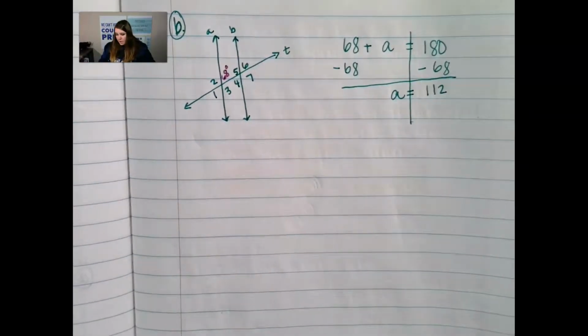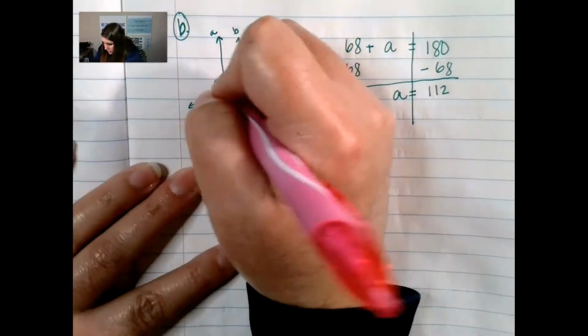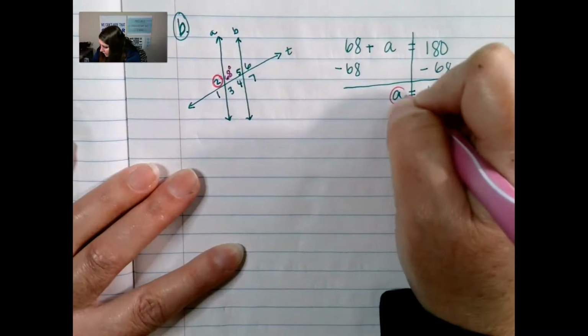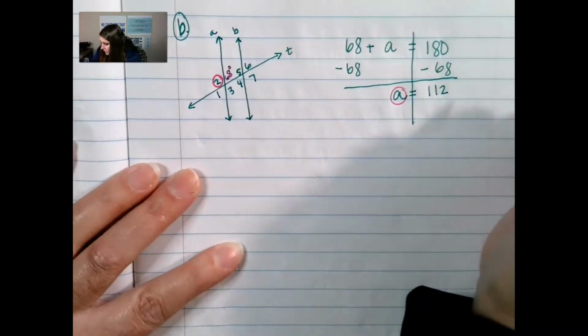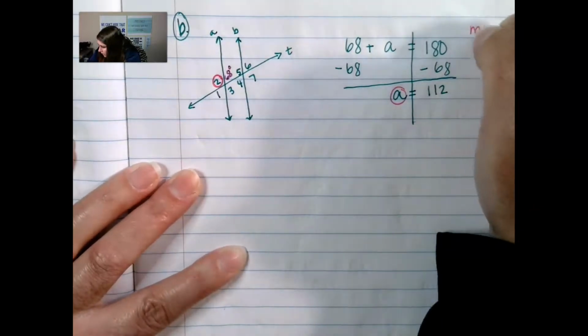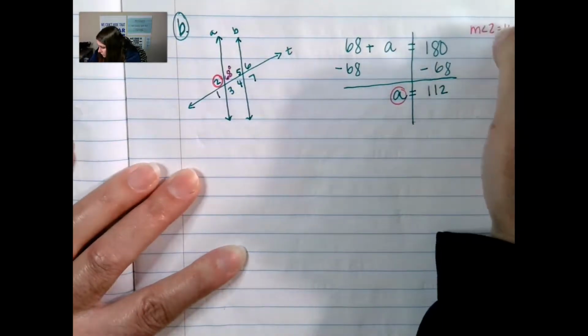So, A, right here, A is 112. So, measure of angle 2 equals 112.